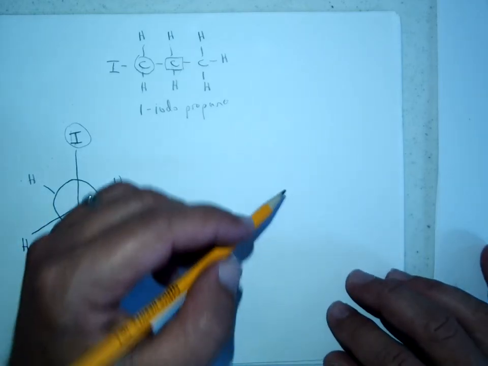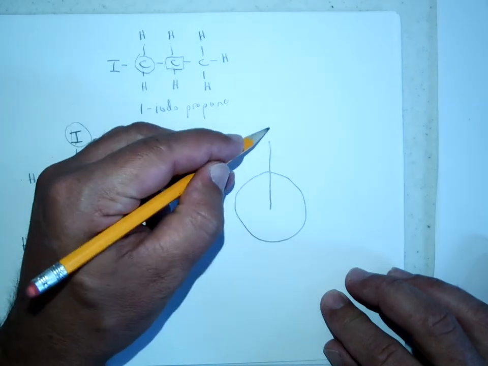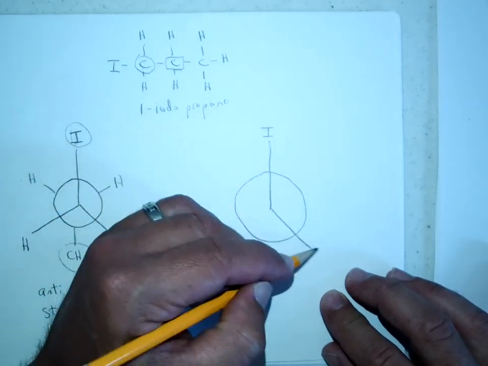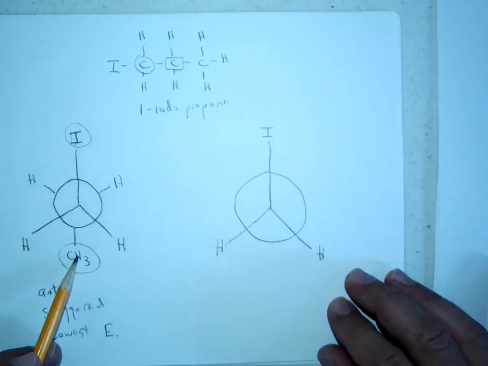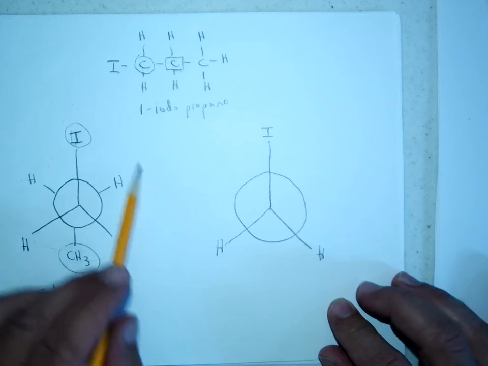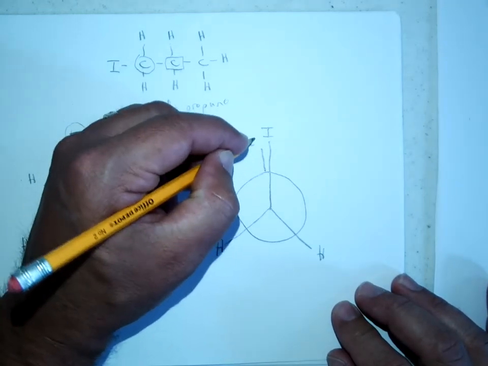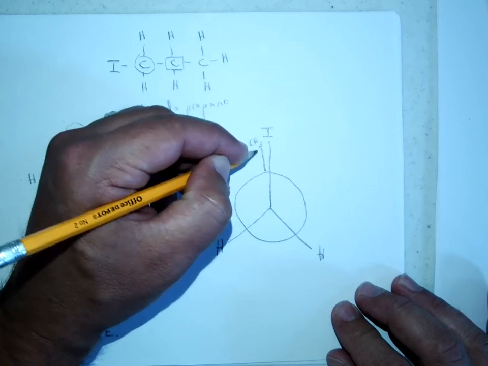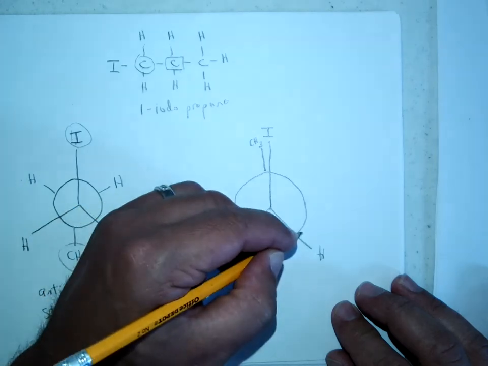Now, if I wanted the highest energy, I could draw the front carbon exactly the same, but now we're going to envision the conformational change of the stuff on the back carbon is going to rotate around until there's as much conflict as possible, which would mean the biggest group on carbon 2 lining up and eclipsing the biggest group on carbon 1.